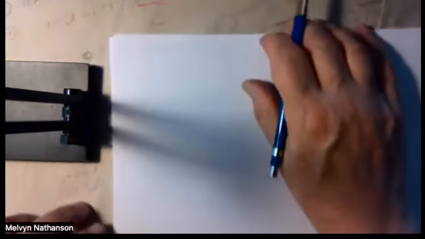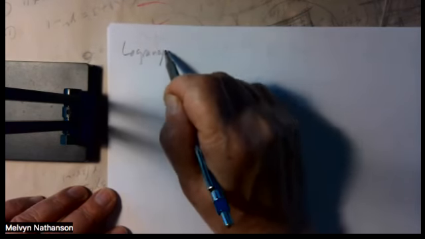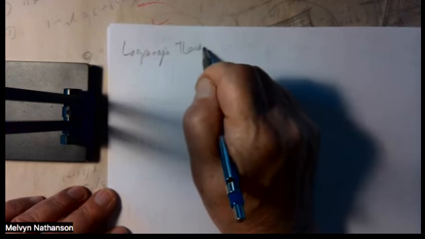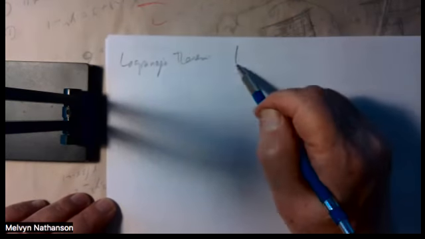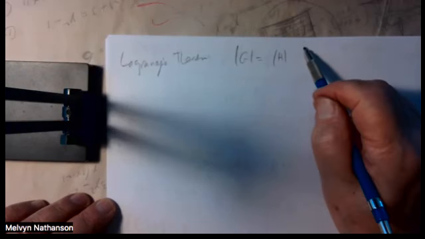So let's just look at an example. Let me restate this again: the order of a group G is the order of the subgroup H times the index, for a finite group.